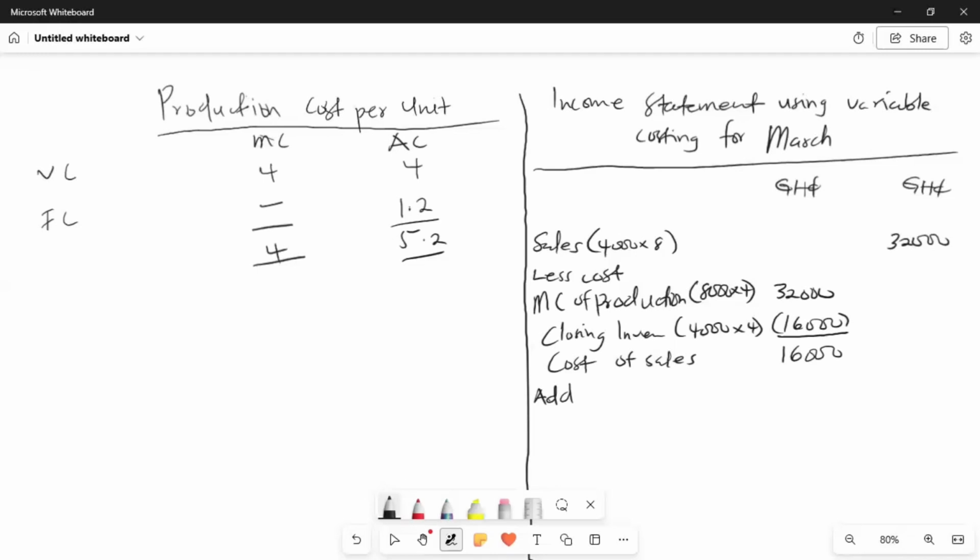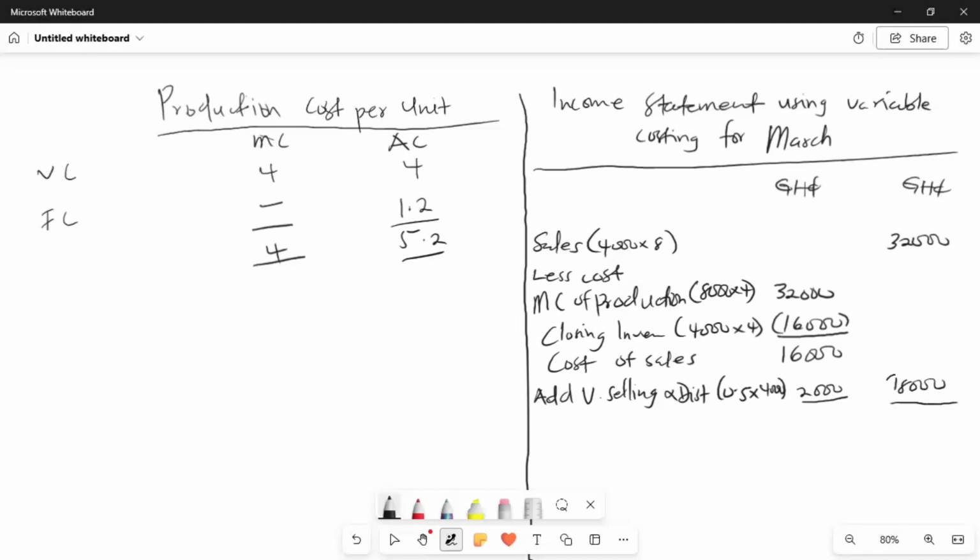They are saying for every unit, the selling and distribution cost is 0.5. We sold 4,000 units, so we multiply 0.5 by the units sold, 4,000, which is equal to 2,000. When it comes to variable costing, you need to add your variable expenses to your cost of sales. So 16,000 plus 2,000 gives us 18,000.